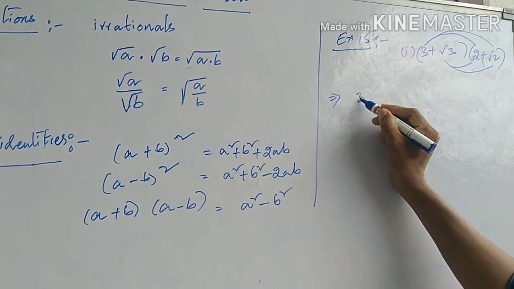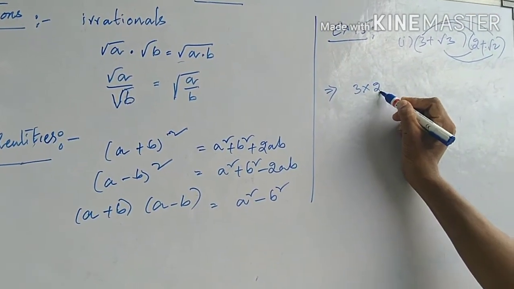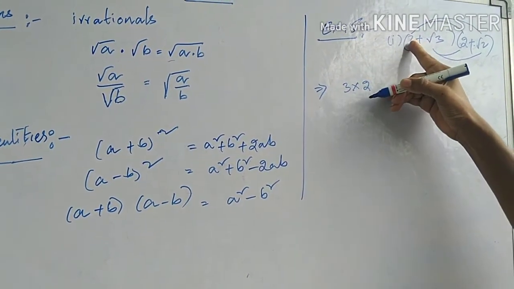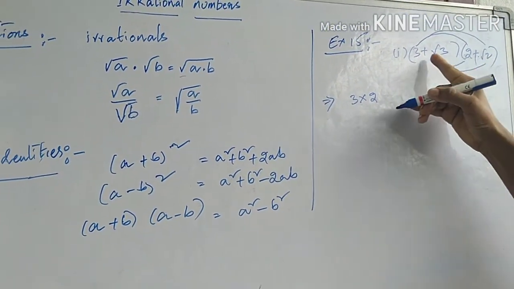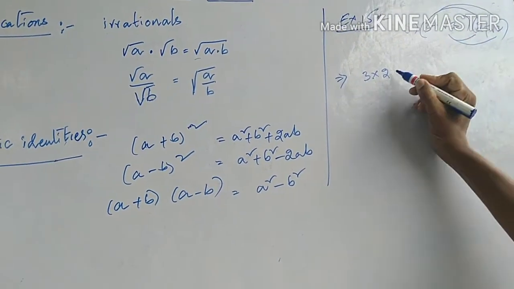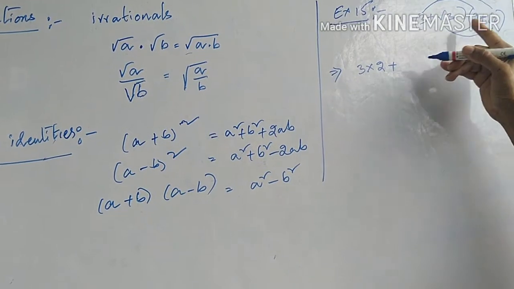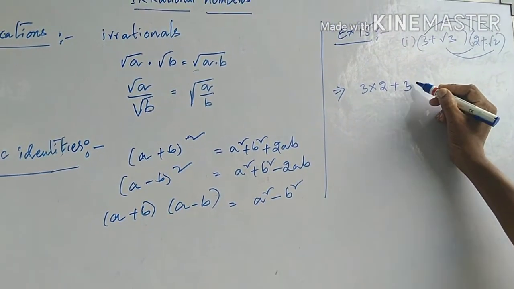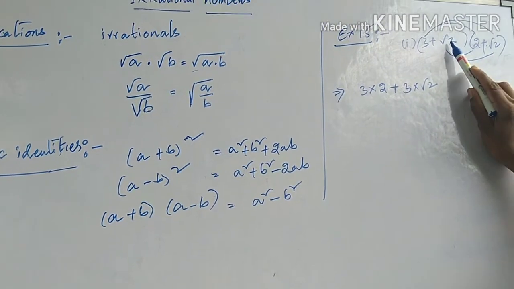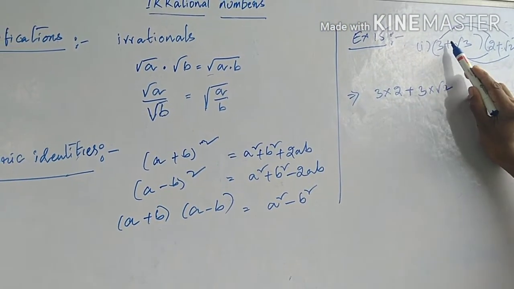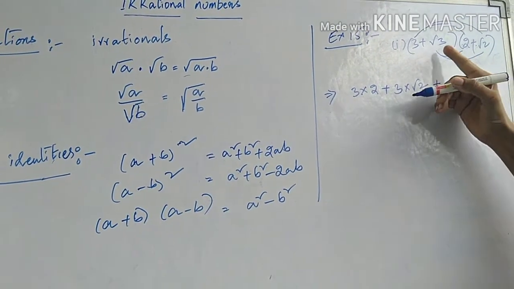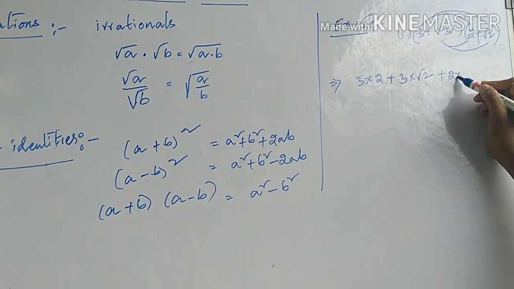So 3 into 2, plus. First term with second term: 3 into root 2, plus. Second term with first term: plus 2 into root 3, or 2 root 3.